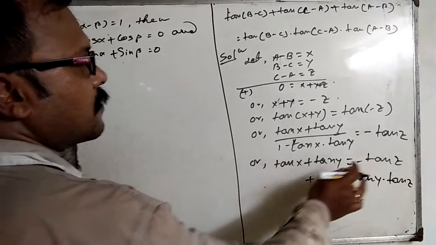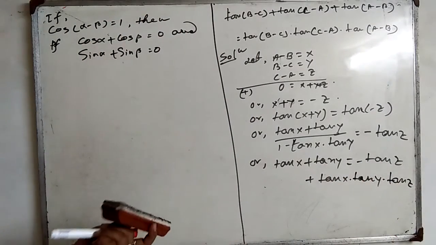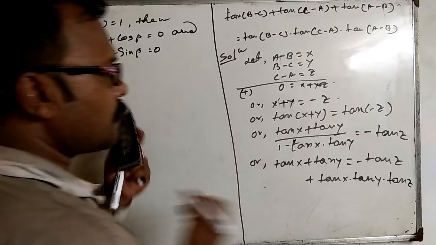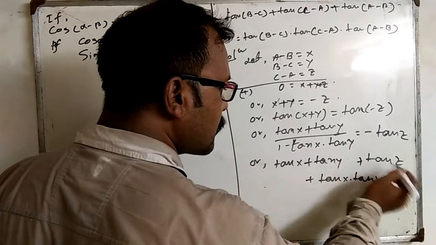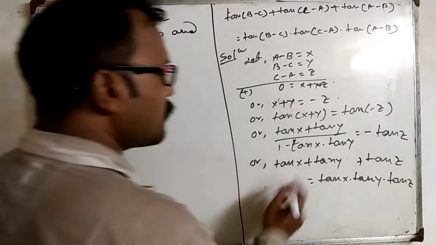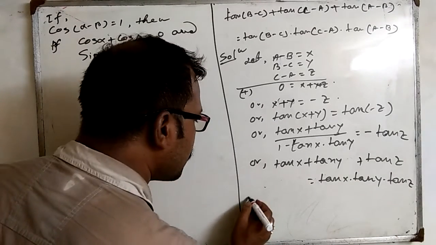Tan z transferred to the left hand, then that will be plus. Okay, that will be plus, and we just put the value of x, y, z.